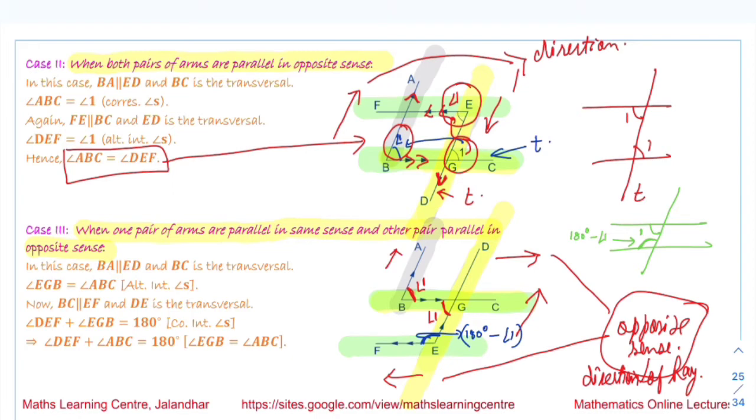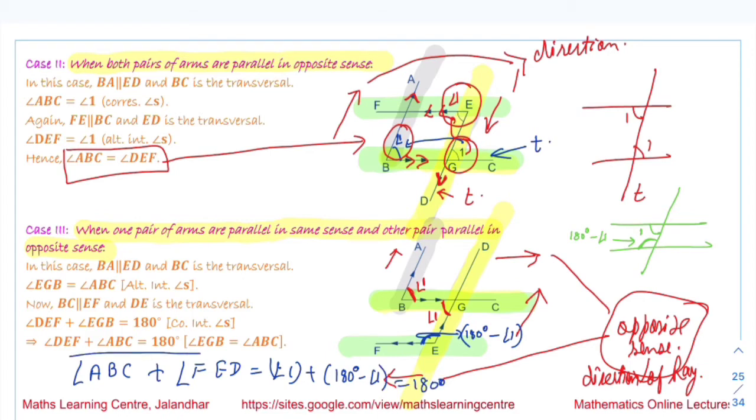So the sum of angle ABC and angle FED is equal to angle 1 plus 180 degrees minus angle 1, which is equal to 180 degrees. So the sum of both these angles is 180 degrees. If the sum of two angles is 180 degrees, they are called supplementary angles.